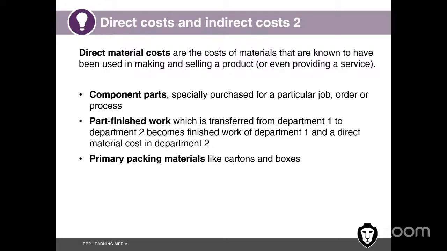There may be component parts that are specially purchased for a particular job. There may be part-finished work, what we call work in progress. And there may be primary packaging materials, like the bags they put the bread in, the boxes. Those are primary materials that form part of the product. You can trace that directly to the product itself.